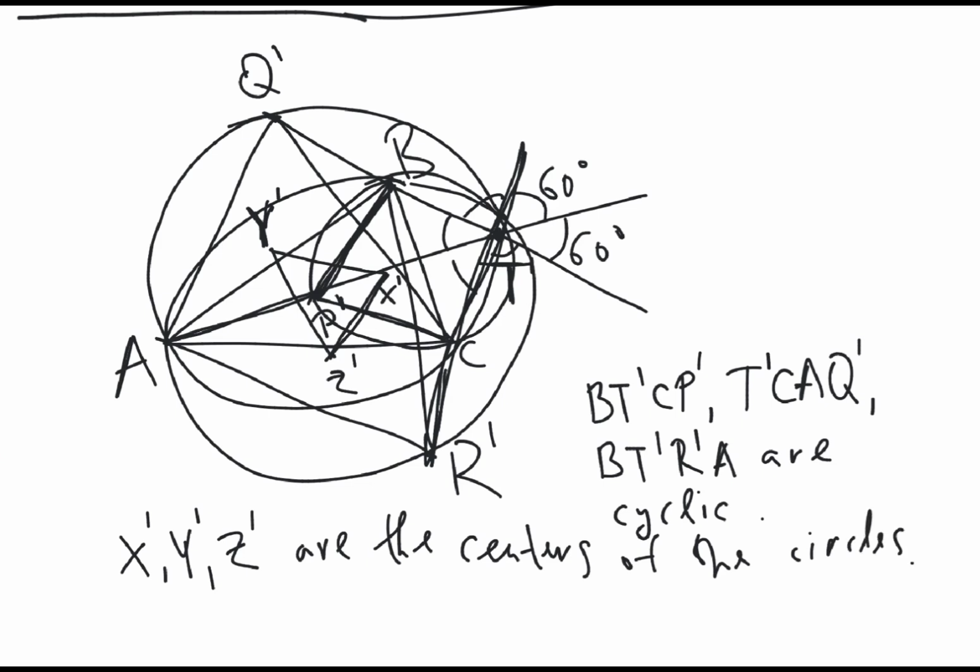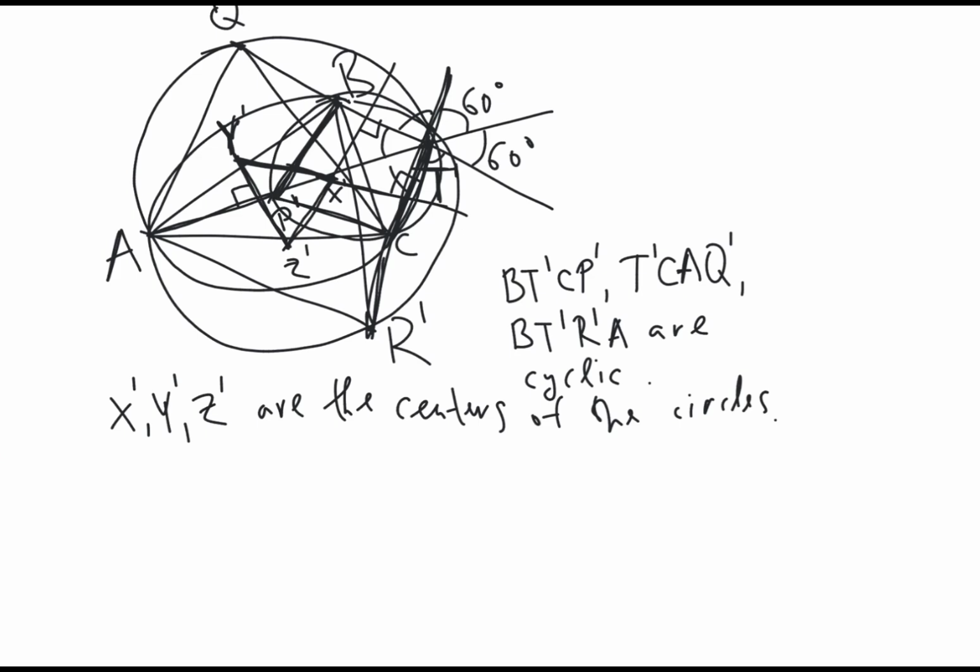And so the line connecting the two centers, so for example X prime Y prime, is perpendicular to the line containing the common chord, which is CT prime. So if we extend here, this is the right angle for the other two as well. So if we extend here, this would be the right angle, and here this is perpendicular to this. So let's write this.